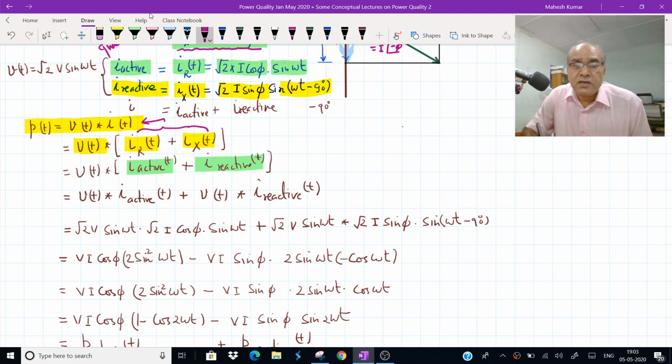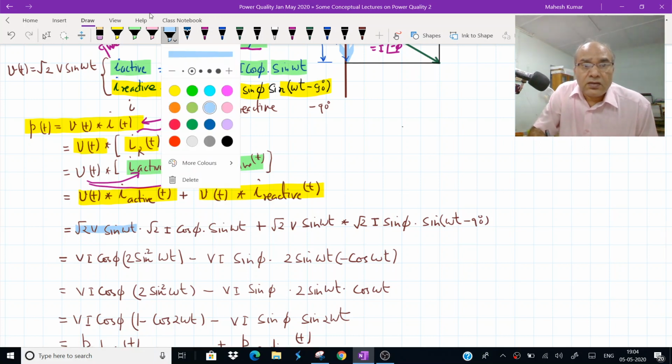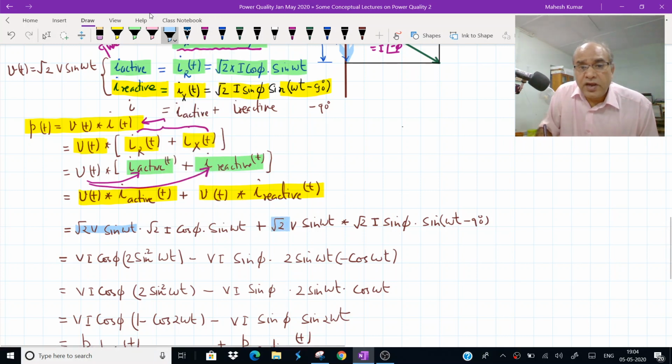Now we will separate them out. So we will combine this V with this I, and this V with this I. This forms V into I active plus V into I reactive. And this means I have to multiply two sine terms. So root 2 V sin omega t is the term for the voltage, as you can see, and it's also here.